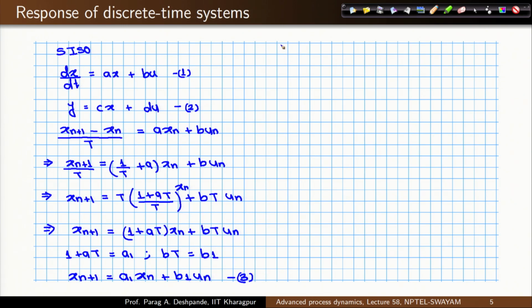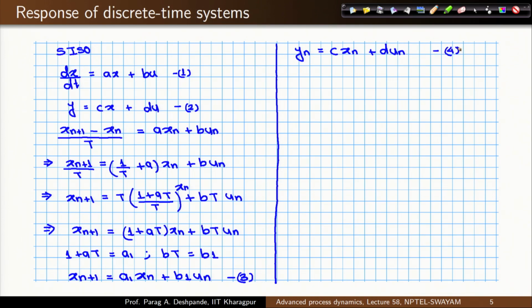And then, the way we converted equation number 1 to the discrete form, from equation number 2 I can simply write y_n = C x_n + D u_n. Let me refer to this as equation number 4.